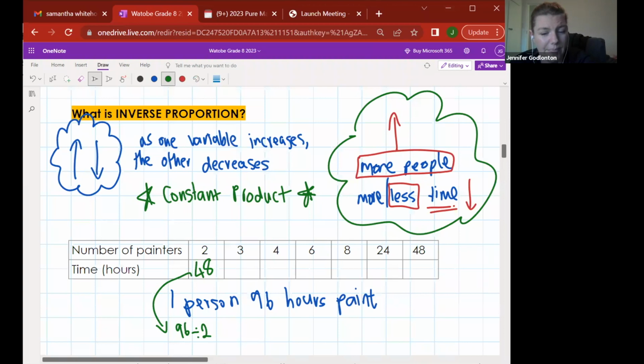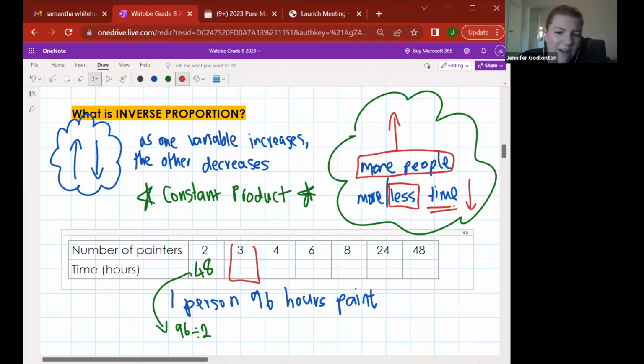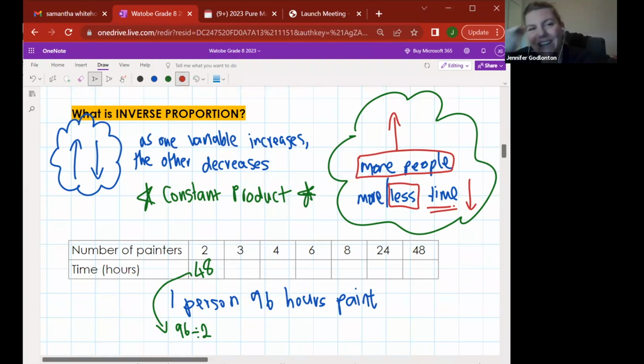Okay. So now I want you to think, well, what if I have 3 people? Yes, I see we have some answers ready and waiting. If I have 3 people, I'm saying 96 divided by 3, and that's going to give me 32.